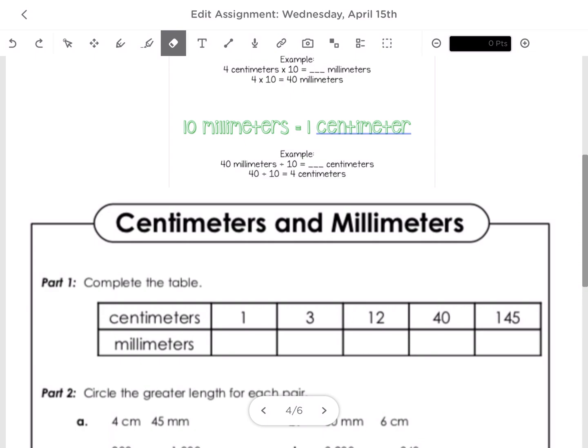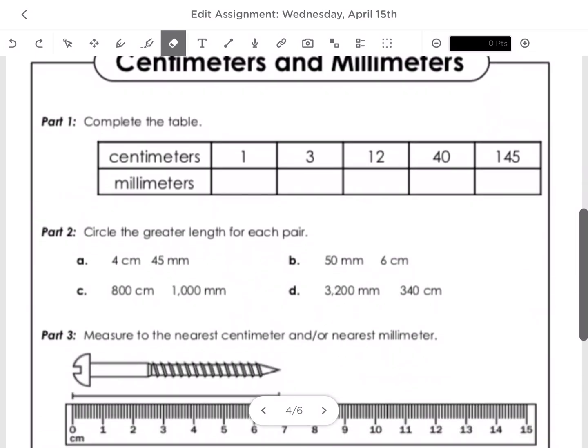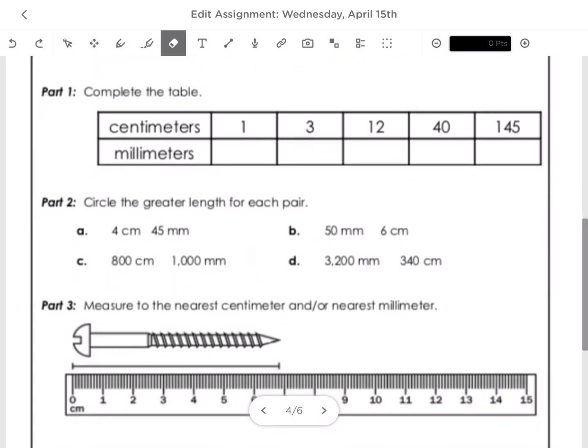So now we're going to go over the different parts of your assignment today, just to go over how each part looks. Part 1, you are just completing this chart. All of those centimeters are already given to you.